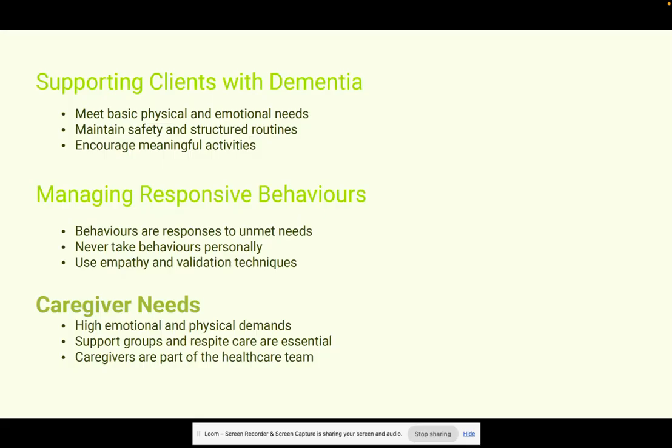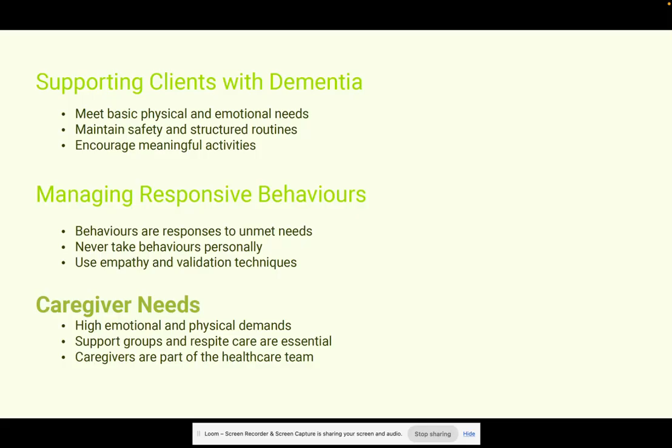For caregiver needs, remember that caregiving has emotional and physical demands, so you need to be strong enough to take care of clients with dementia, because it deals with behavior, right? Support groups and respite care are also essential in giving care for those clients.